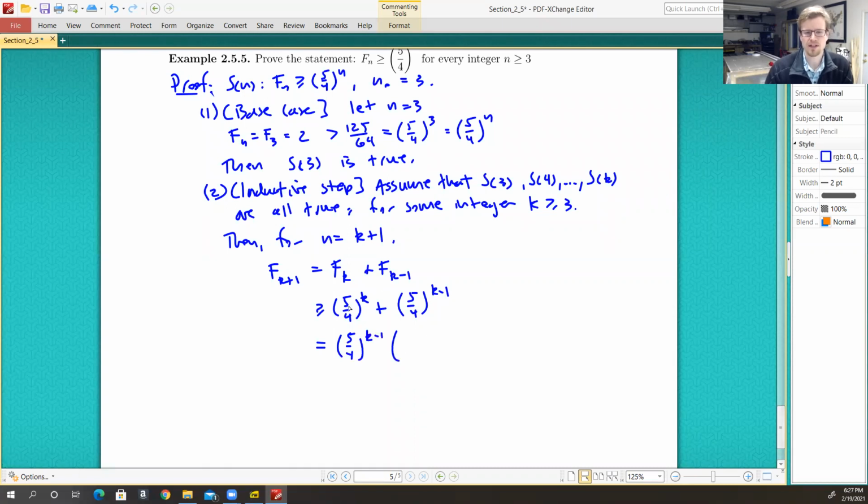What I'm left with is one of the 5/4 here, and then plus 1. 5/4 plus 1 is 2.25, right, that's 9/4.